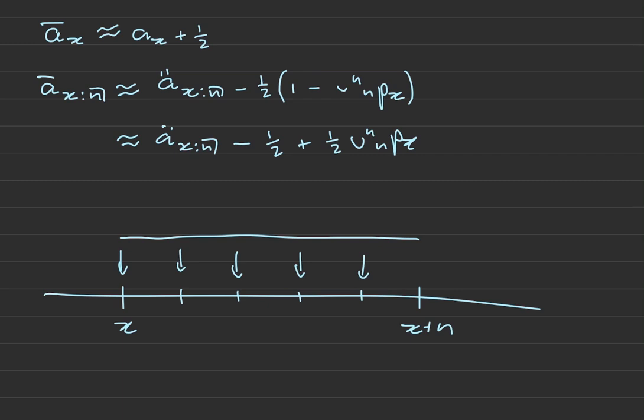Then we must be careful, if we do have to do something from first principles, that we are using the correct probabilities that relate to the select period. In other words, if it is still within the select period, we must use the select mortality probabilities for the life. But if the person is outside of the select period, it has already converged, we're assuming, to ultimate mortality, and so we start using the ultimate mortality probabilities.